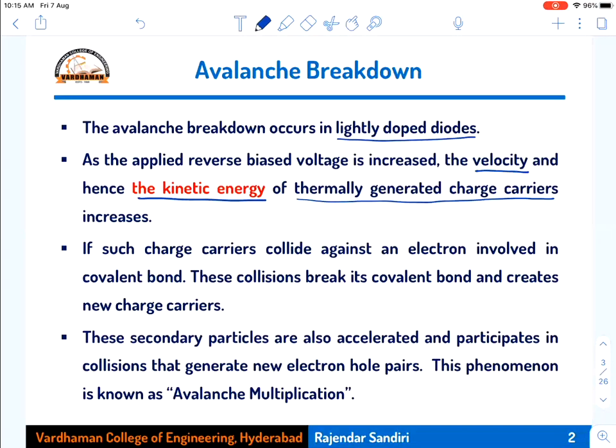Those secondary particles are again accelerated because the reverse voltage keeps on increasing. Therefore the newly created charge carriers are also getting accelerated, and they again participate in collisions that generate new electron hole pairs. That means this process is continuous.